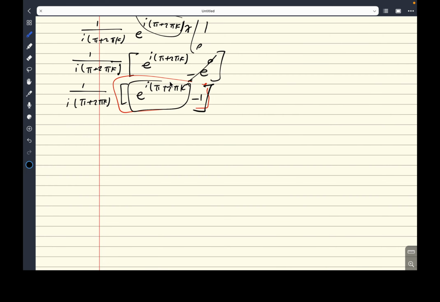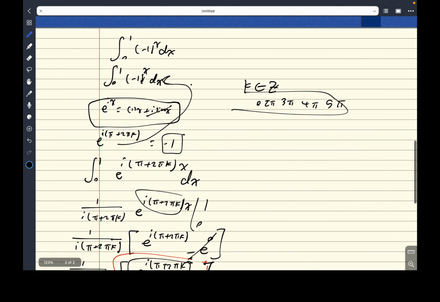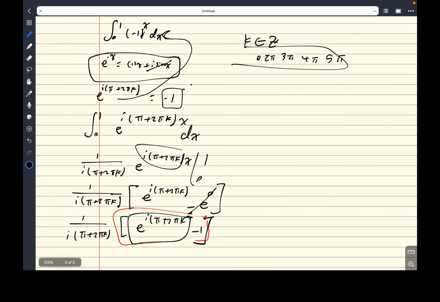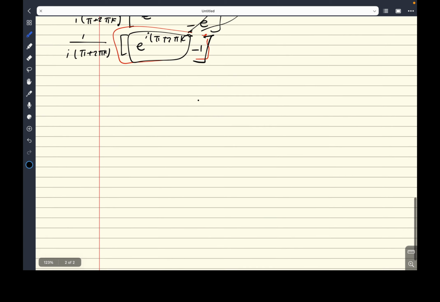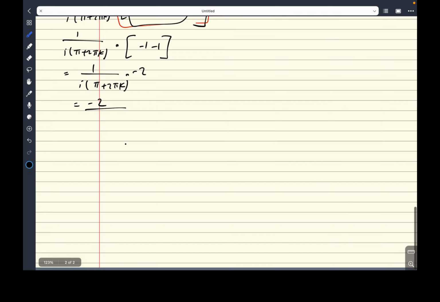If I plug in -1 for this one, because we stated that our formula explicitly here, it's going to be 1 over i times (pi plus 2 pi k) times (-1 minus 1). Now it's going to be 1 over i times (pi plus 2 pi k) multiplied by -2, which is -2 over i times (pi plus 2 pi k).